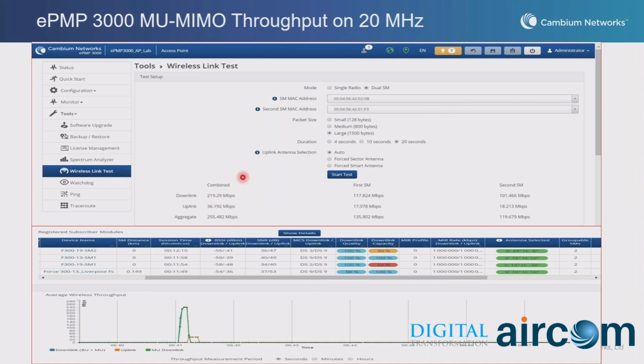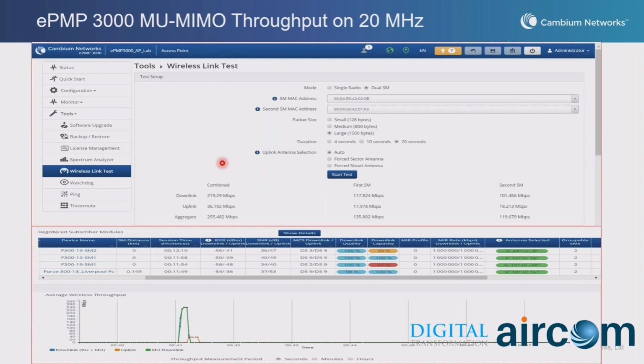If you remember, I mentioned that the ePMP 2000 and 1000 give you a maximum capacity of 200 plus Mbps, and that would be when you configure a 40 megahertz channel. But with a 20 megahertz channel, which is half, normally you were supposed to get 100, but now with ePMP 3000, we are able to get double that capacity.